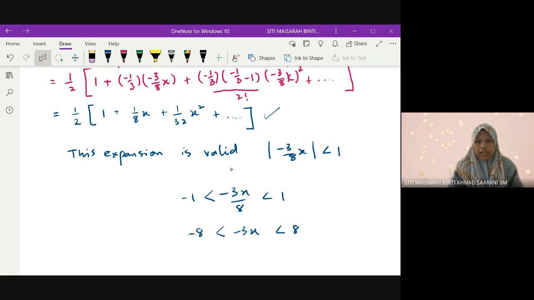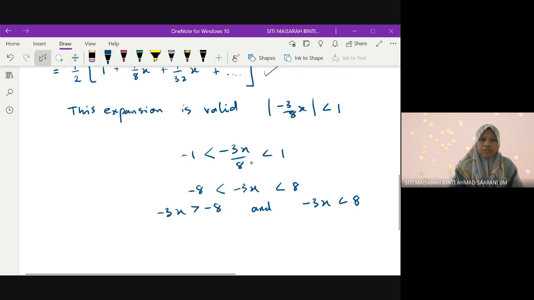So then ni negative, jadi kita pecah dia: negative 3x more than negative 8 and negative 3x less than 8. Okay, this one become x less than 8 over 3 sebab ni divide by negative. And then this one become x more than negative 8 over 3.